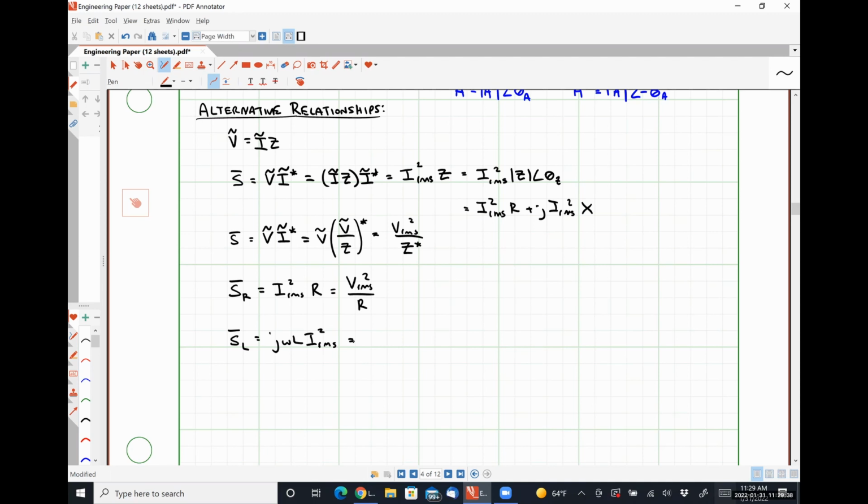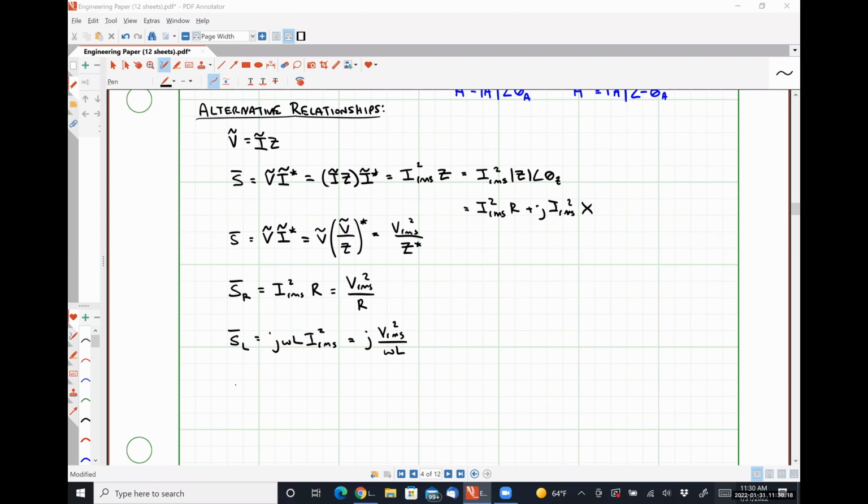And for our voltage relationship, this is going to look like J times V RMS squared over omega L. To be clear, because it might seem like there's supposed to be a negative J here, when we have J omega L in our denominator and then we conjugate that, that's negative J omega L, and 1 over negative J is where this positive J out front comes from.